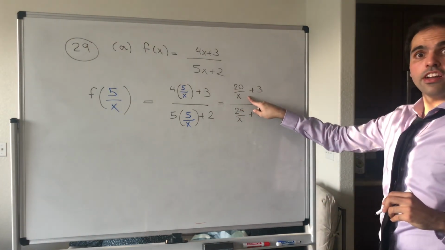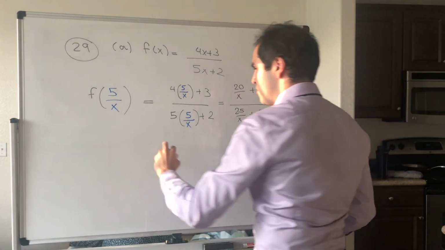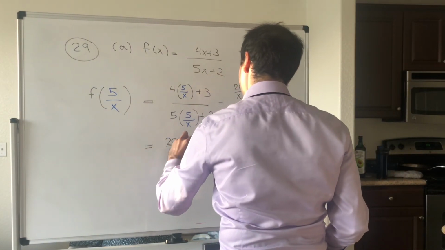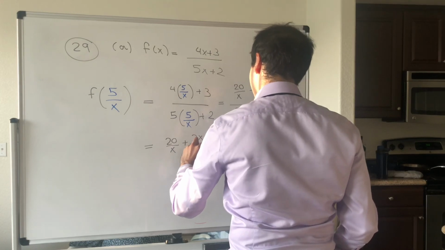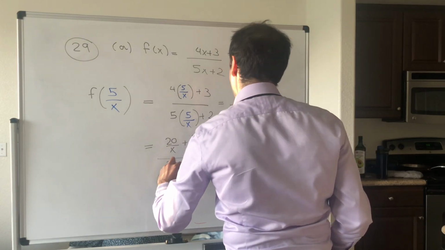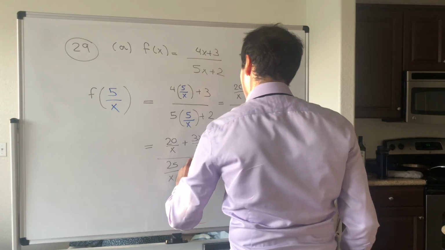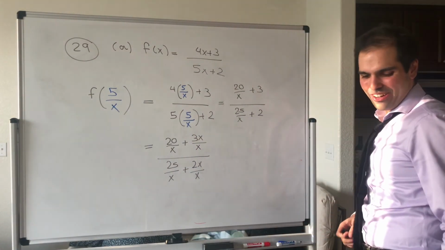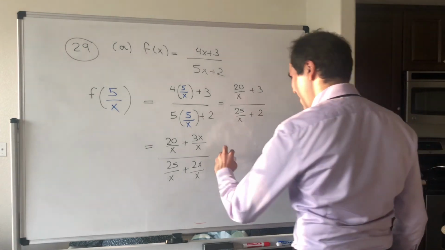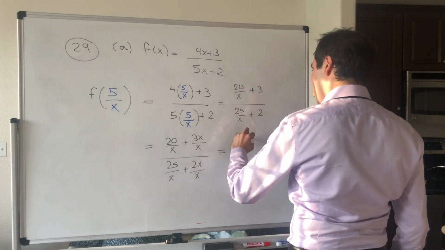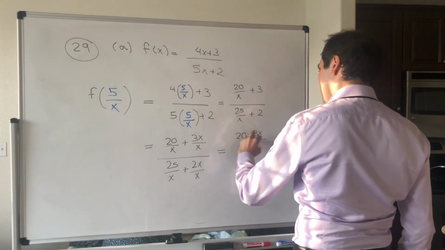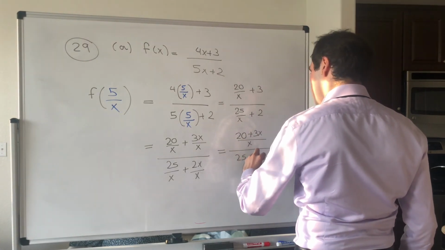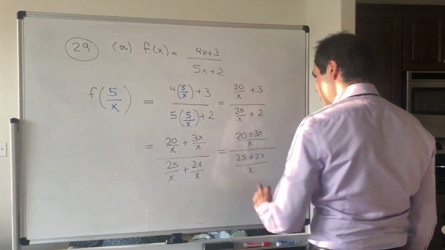Then you just put it on a common denominator. This becomes 20 over x plus 3x over x, and then 25 over x plus 2x over x. So we get 20 plus 3x over x over 25 plus 2x over x.